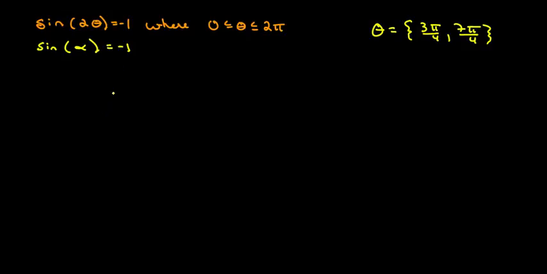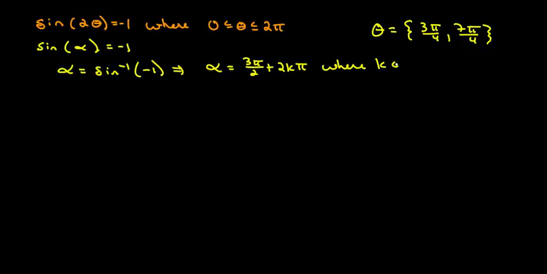And so what we would say is the generic solution: alpha is equal to the arc sine of -1, which means alpha, without thinking about the interval, would be equal to 3 pi over 2 plus 2k pi, where k is an integer.